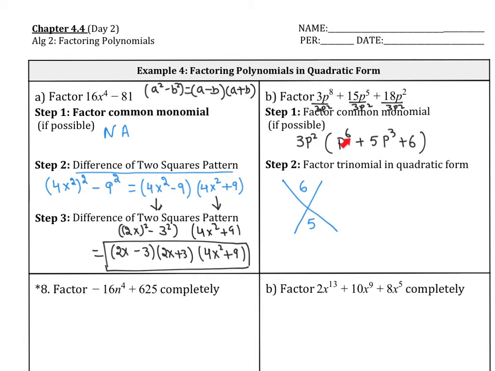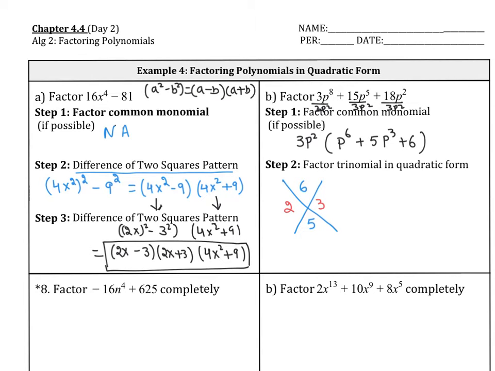This time you have p to the 6, and half of 6 is p to the third. Now we are going to find two numbers that multiply to get 6 and add to get 5. So those numbers are 3 and 2.